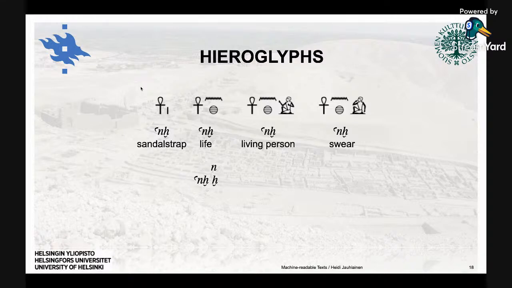And some signs have several different phonetic values, so often other signs are used to show which phonemes to use. So the word for life is often written using the sign ankh, plus a sign n, and a sign having the value h. So ankh.